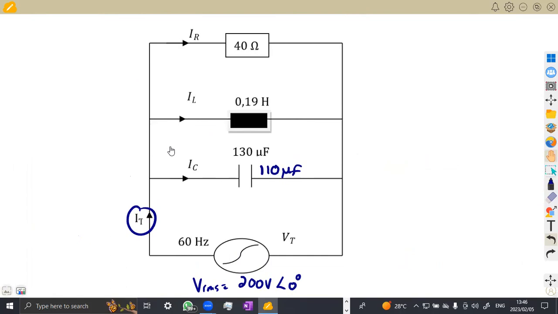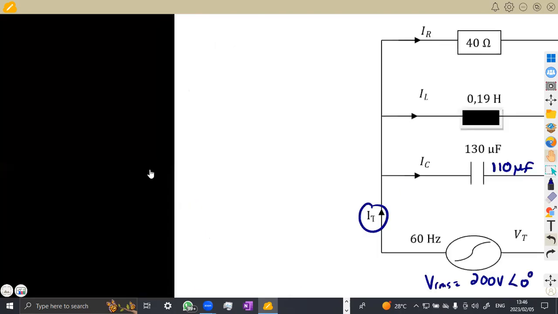That's a parallel combination. You add, okay? In a series combination, current is the same. The total current is the one that is going to flow throughout. But here you add these ones together. Okay, so which means we're supposed to have something like this. I'm going to do it aside here.